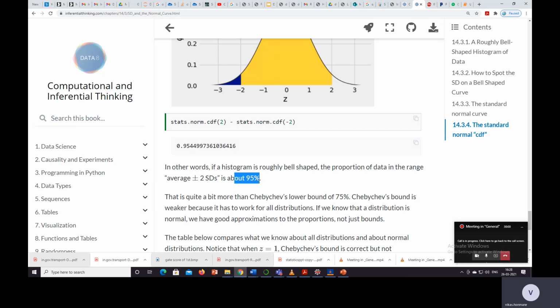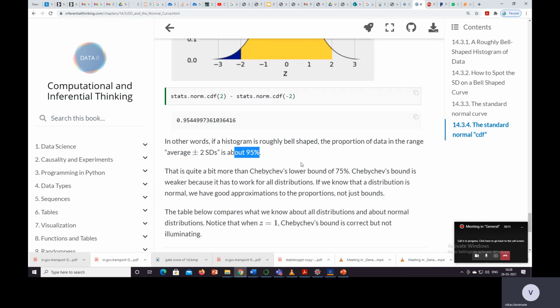In the previous point, we saw Chebyshev's bound, which was different, and now we got a different proportion of the data in this particular range. That is quite a bit more than Chebyshev's lower bound, which is 75%.